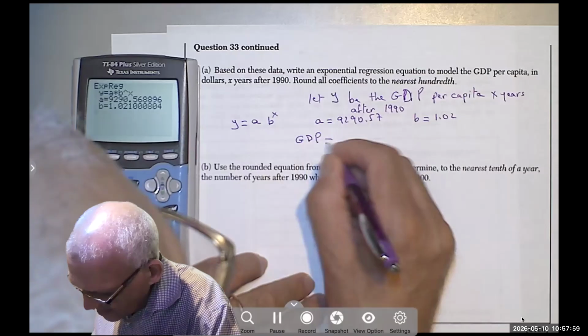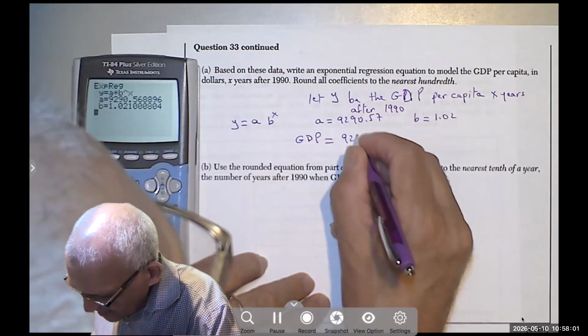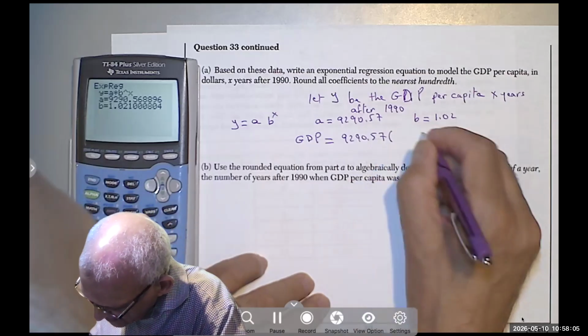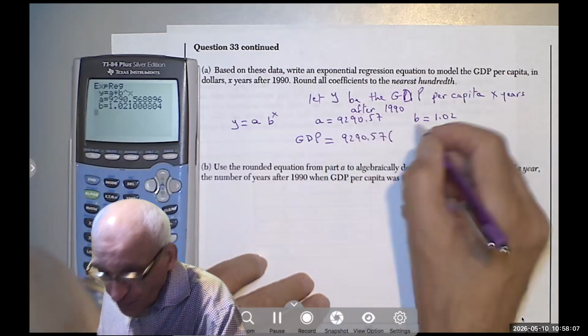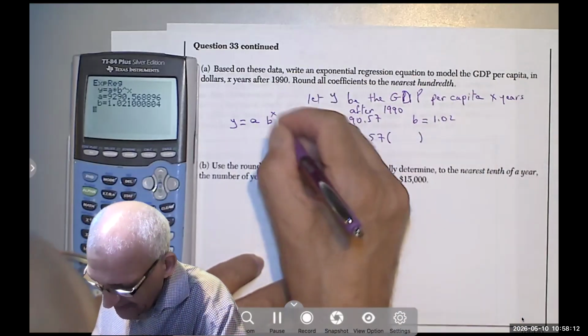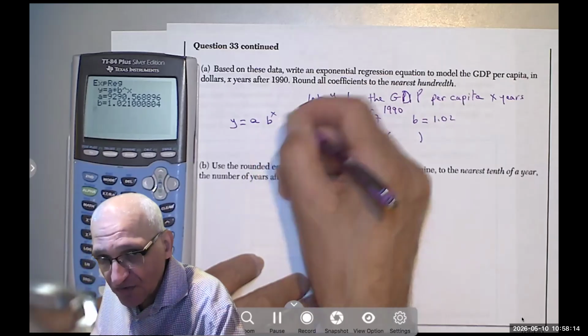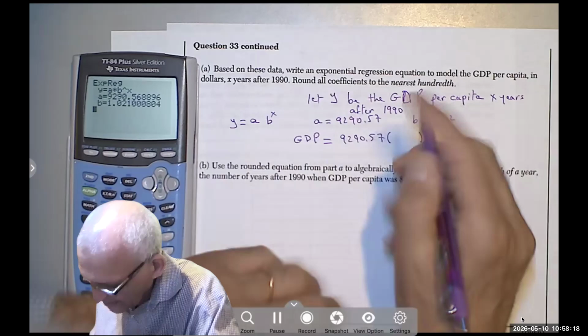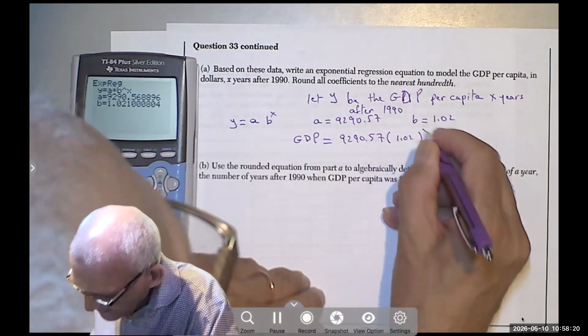So the GDP equals 9290.57, and then between parentheses, don't include everything in the parentheses, or else everything would be A to the X times B to the X. Here we only have A as a constant, and then B only is raised to the X power.